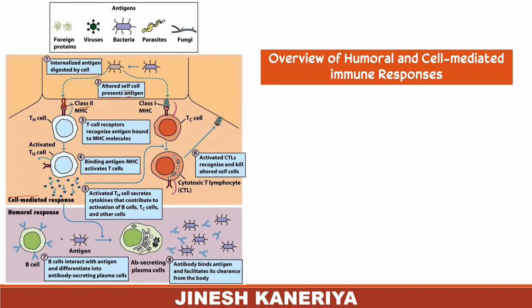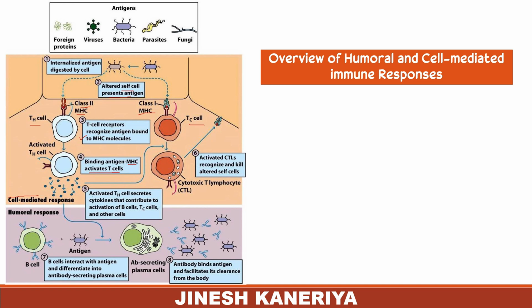Class 2 MHC molecules are presented to the T helper cell, and class 1 MHC molecules are presented to the T cytotoxic cell. The T cell receptor recognizes the antigen bound to the MHC molecule. After the activation of the T helper cell, the binding of the antigen with the MHC can activate the T cell.